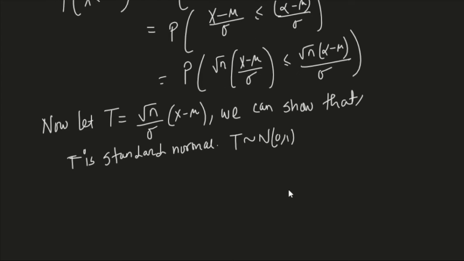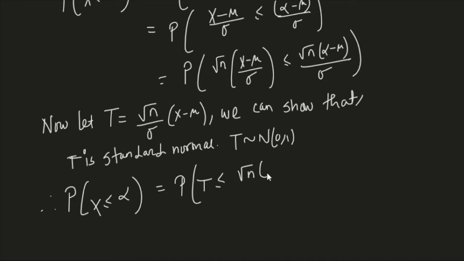So when this happens, the probability of x less than or equal to alpha would just be the probability of t less than or equal to root n times alpha minus mu by sigma, right?